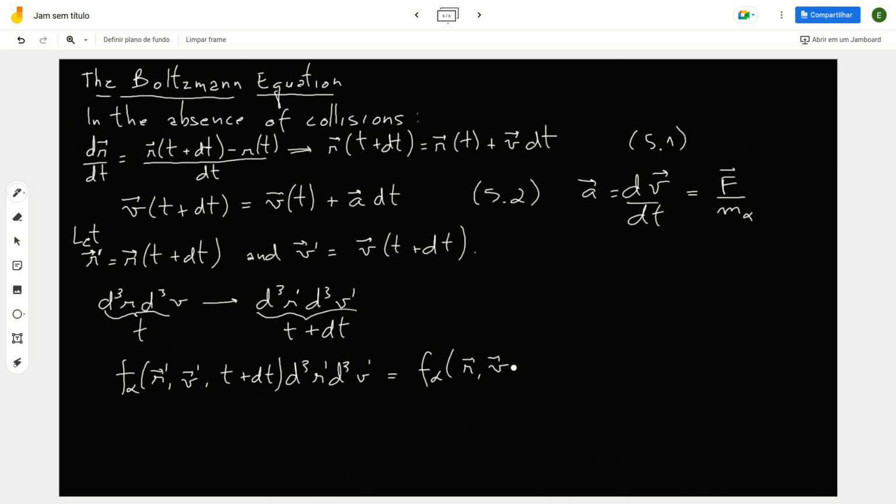So this is something that we'll take as a fact, that you don't lose and you don't gain any particles, okay? So the number of particles will be the same. This is basically the number of particles, right? This is d6n alpha of this.